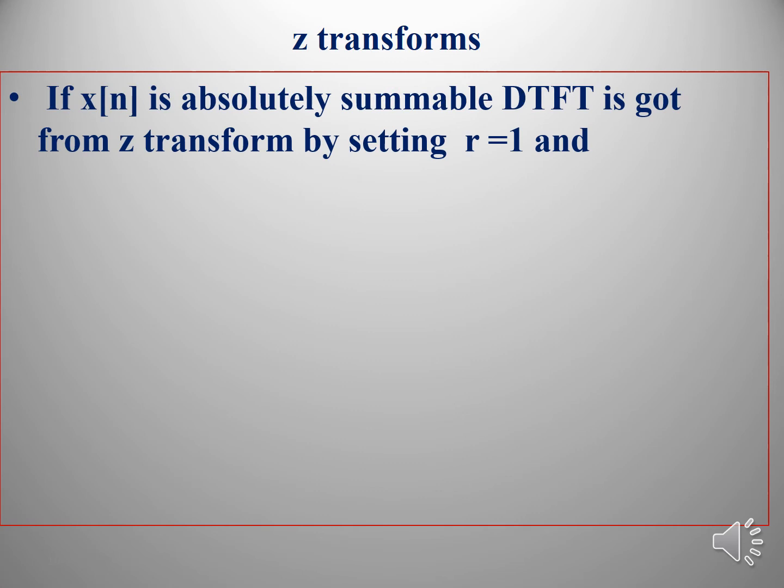If x of n is absolutely summable, the DTFT is got from the Z transform by setting r equal to 1 and z equal to e power j omega. In other words, the system needs to be stable in order to obtain the DTFT from the Z transform.